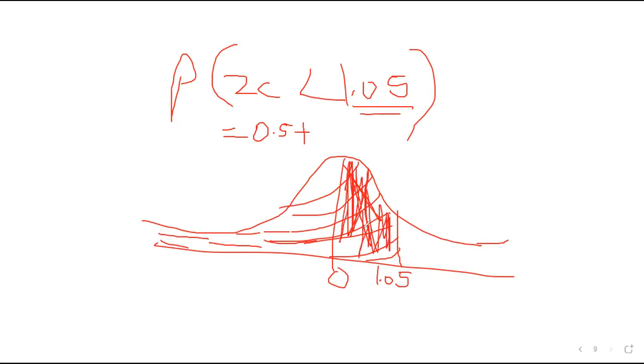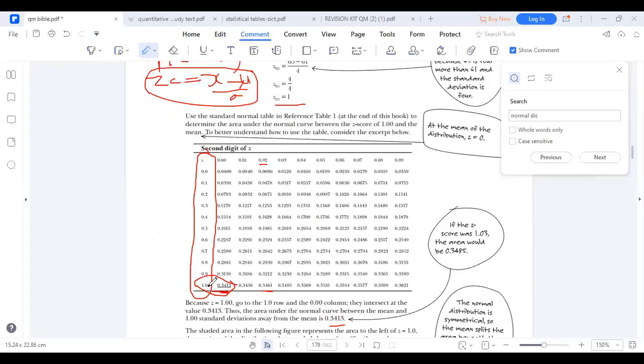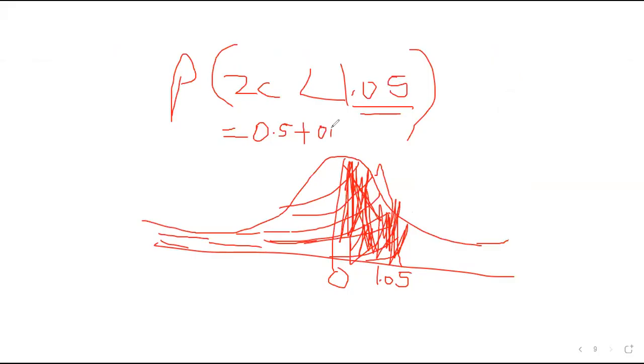So for this area here, you locate 1.05, and it is 0.3531.